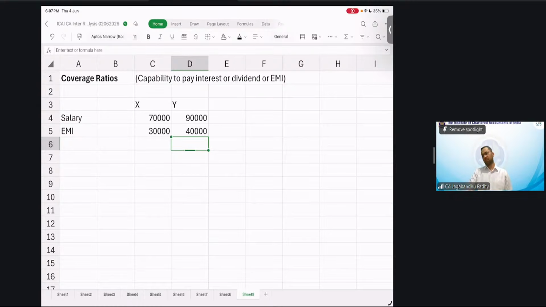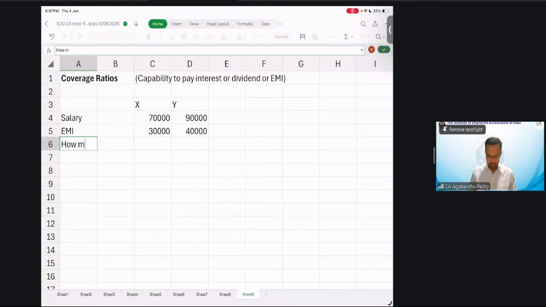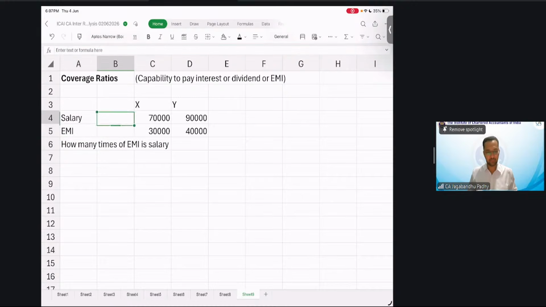Well, you can't say both of them are equally capable because you need to see how much your salary is as compared to EMI. So if I ask you, how many times of EMI is salary?